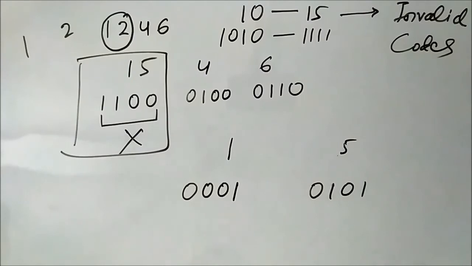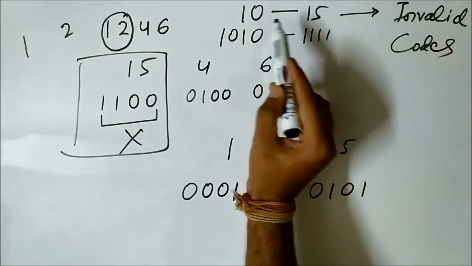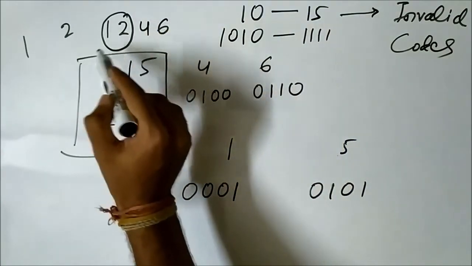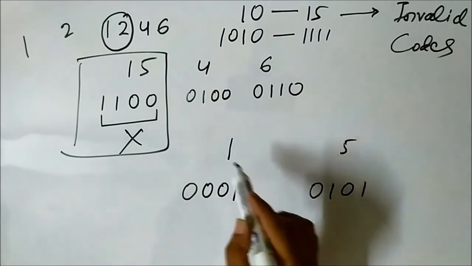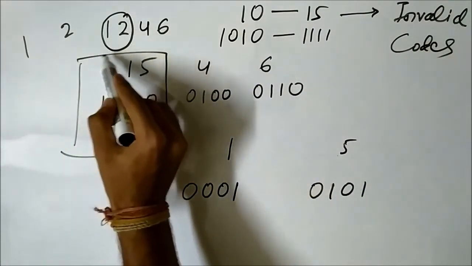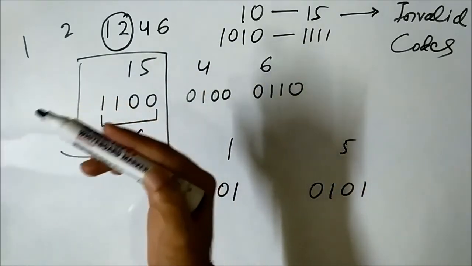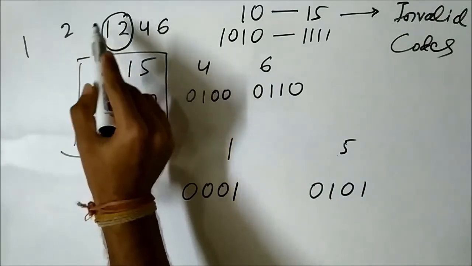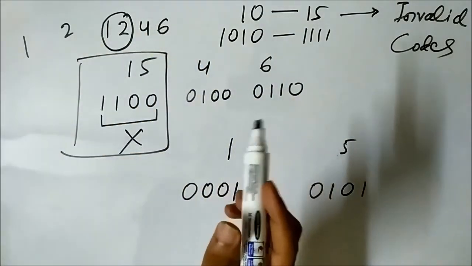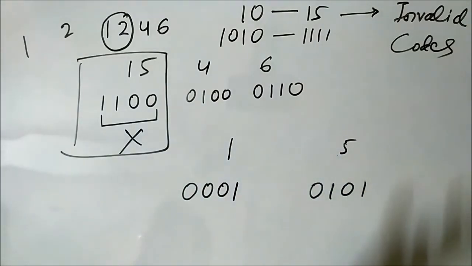So always follow this approach. Never write any number from 10 to 15 as a single unit. These are invalid codes, so you always have to split each of the individual digits or symbols, make sure that all the symbols are between 0 and 9, write the 4-bit equivalent codes for each individual symbol, and then at last you combine.